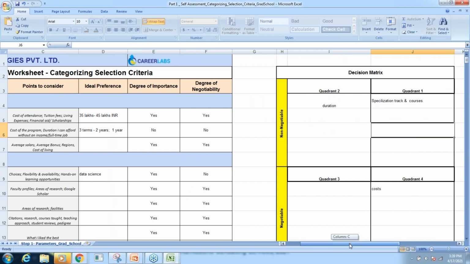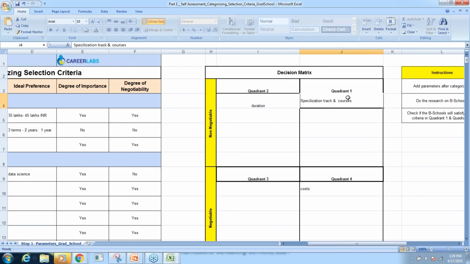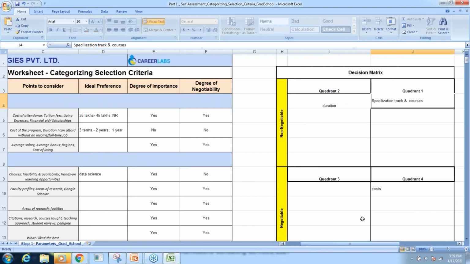What do I mean by that? For example, I said I want only the data science specialization track. So does the course that I am looking at satisfy that criteria? It has to. I also told that cost is an important parameter for me. So does the course fall within the budget range of 35 lakhs to 45 lakhs per annum? That is the deal that we're talking about.